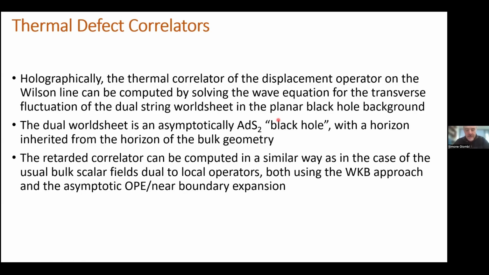And then the same methods that have been used for the usual bulk scalars, which are dual to local operators, can be used here. In particular, the WKB method of Afkhami-Jeddi et al. can be extended to this case, and the asymptotic OPE or near boundary expansion can also be done in a similar way in this setup.